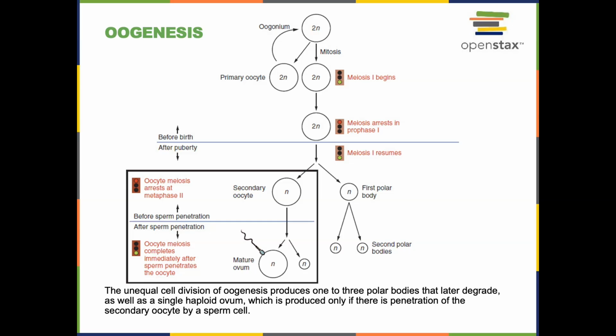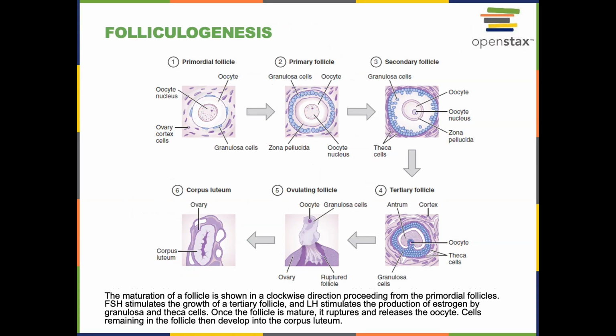Meiosis 2 arrests at metaphase 2 and will not resume unless a sperm encounters the secondary oocyte within the uterine tube, in which case the secondary oocyte will complete meiosis 2, producing another polar body of excess chromosomes that are being removed. The secondary oocyte will mature into an ovum that will then receive the chromosomes from the sperm cell in the process of fertilization.